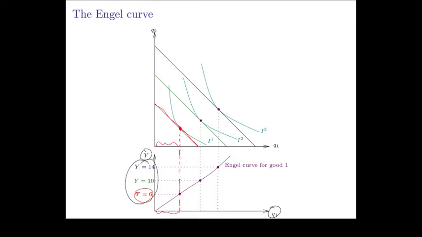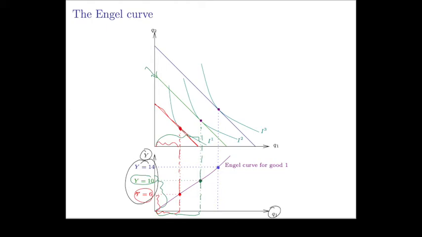They choose this quantity at income level 6, so we get this point on our Engel curve. Similarly, when their income is 10, this is their budget line, and they choose to consume this quantity of good 1, so we put this point on our Engel curve, and similarly for this point.